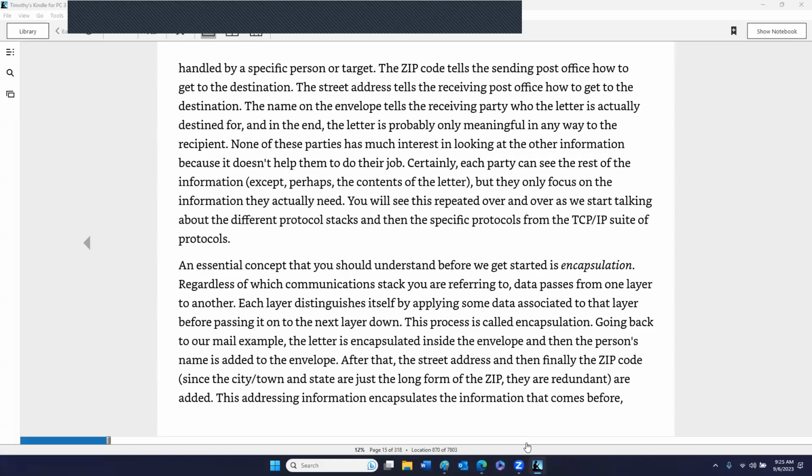Does this ring a bell for any of you? Yeah, it does. Okay, so encapsulation, you have a frame that encapsulates a packet, which encapsulates a segment or a datagram. And I completely appreciate this author's interest.